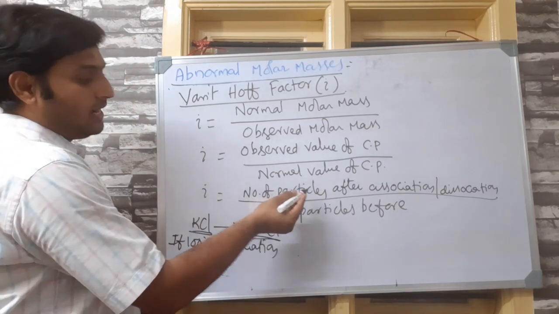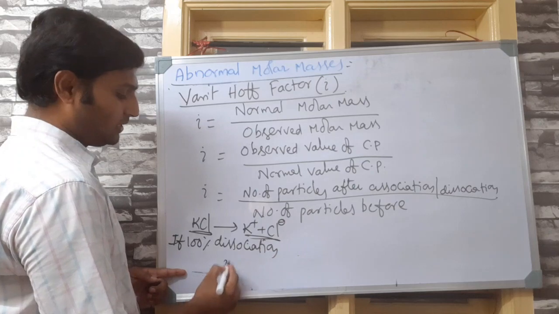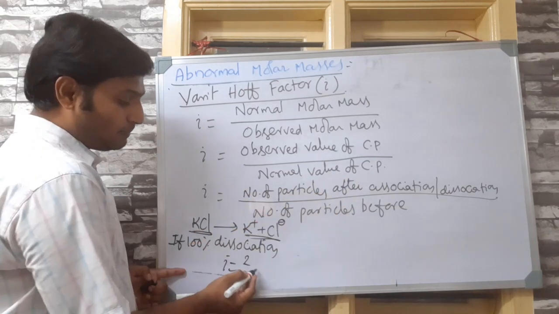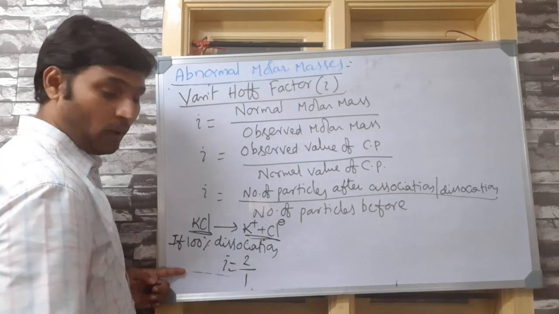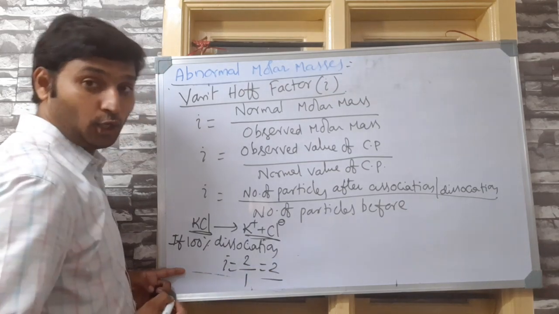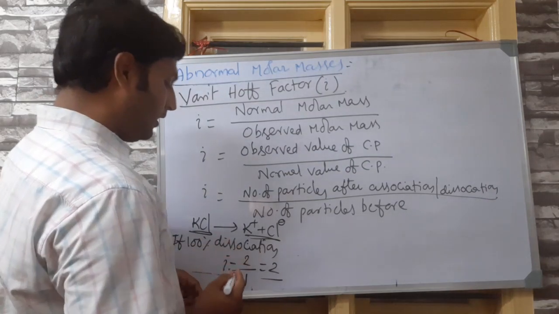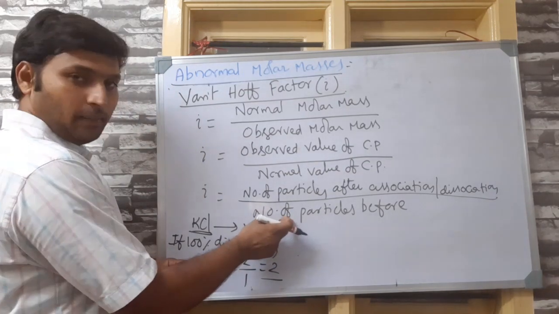So tell me, number of particles after dissociation would have been 2. Number of particles before dissociation will be 1. As a result, i value will be 2. Correct?